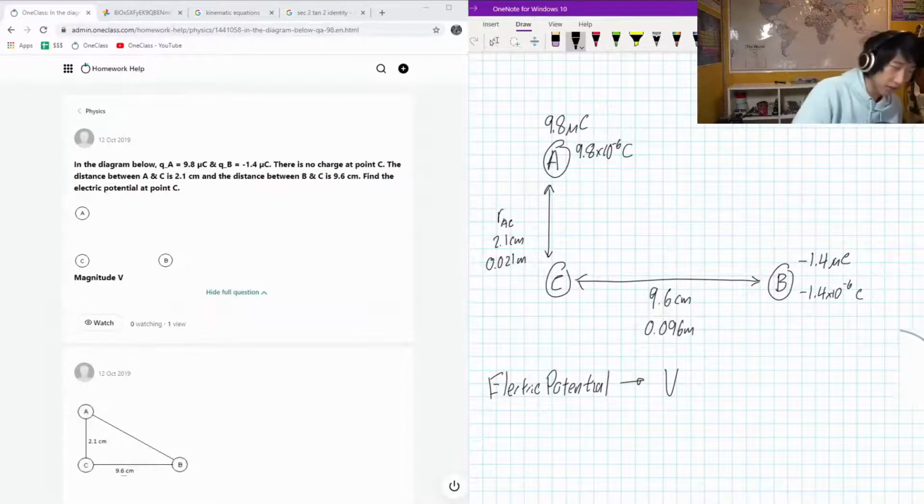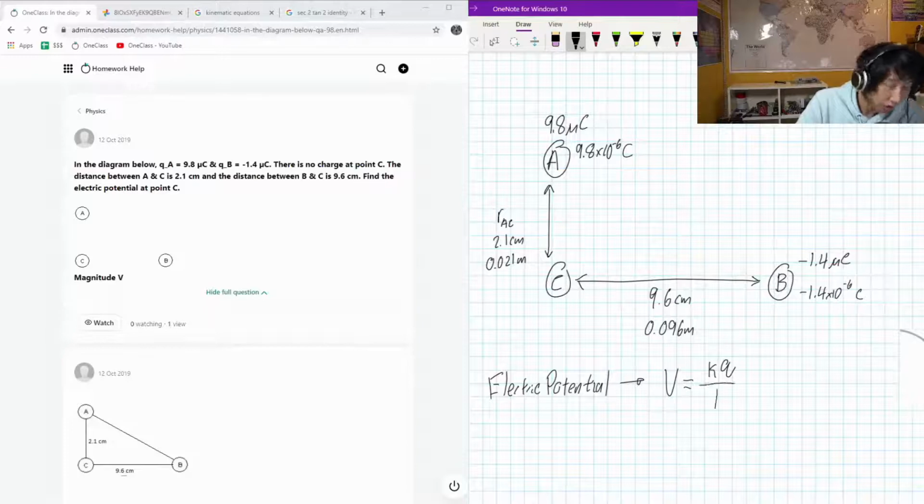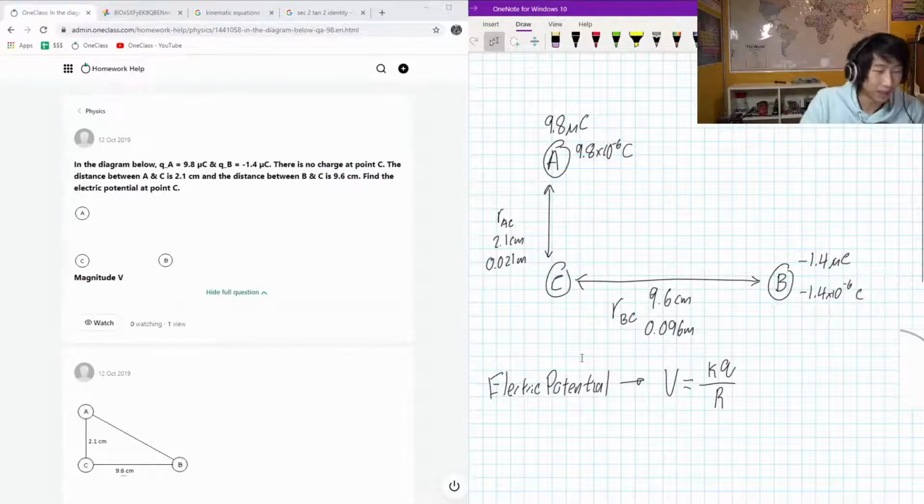But you'll see that plenty, I'm sure. To calculate this is just kQ over r. This distance, let's call this BC.